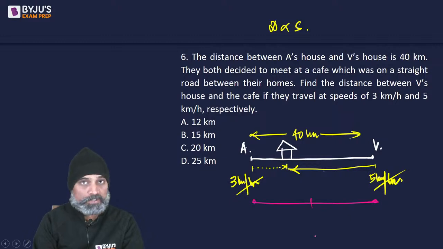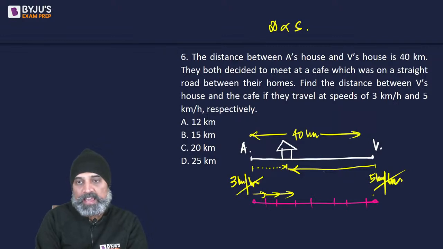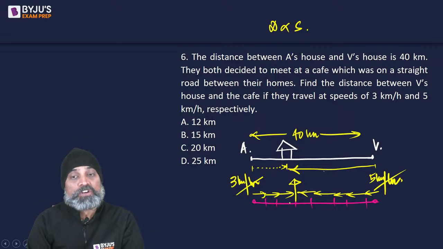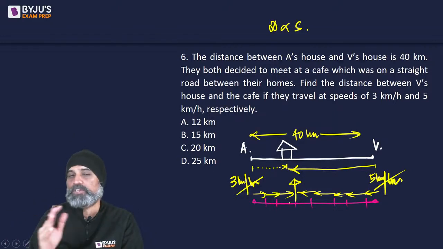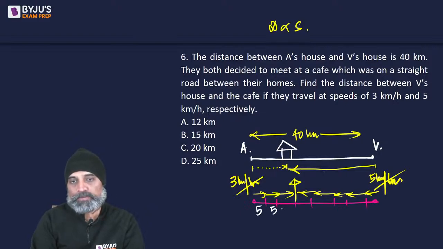So this is 2, 4, 8. Out of these 8 equal segments, A will be covering 3 and V will be covering 5. And this is where they meet because this is where the cafe is. So if I divide 40 kilometers into 8 equal parts, each part is going to stand for 5 kilometers.